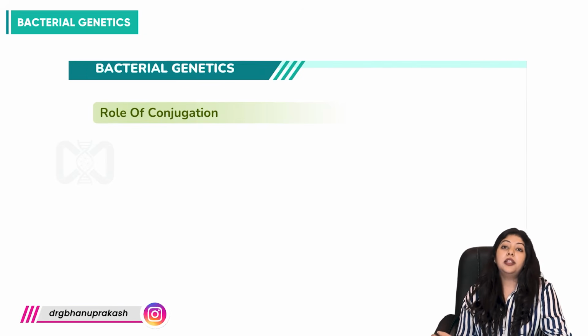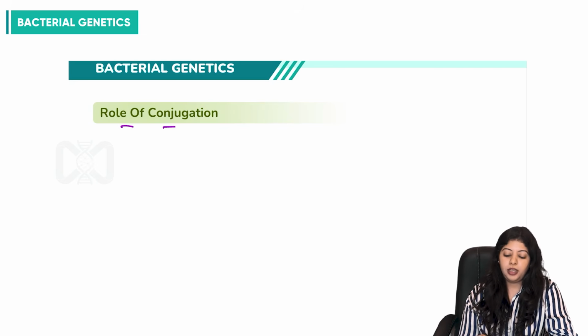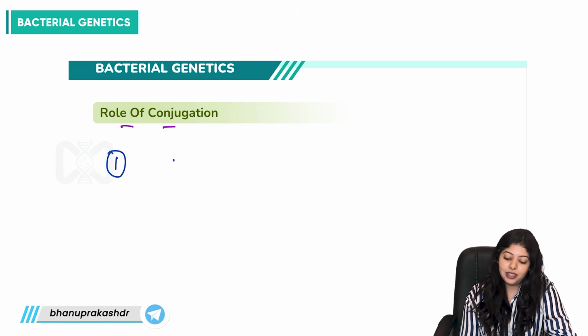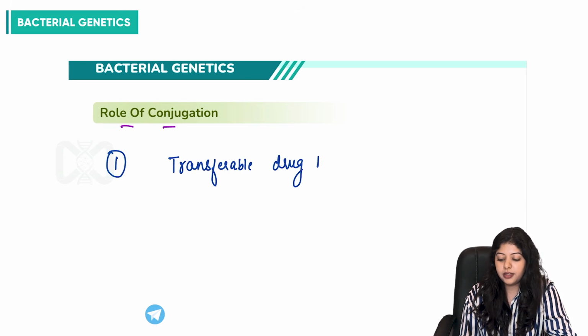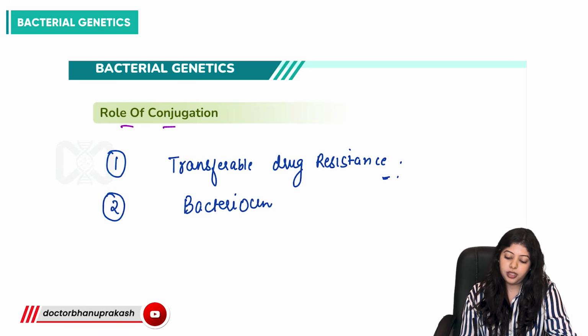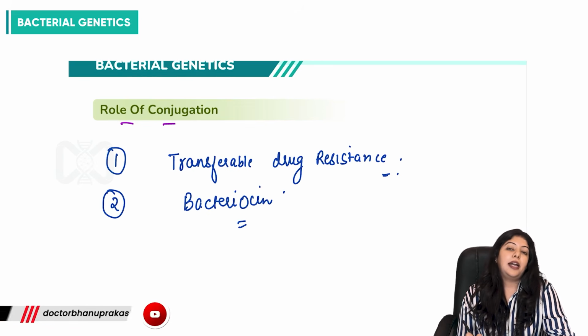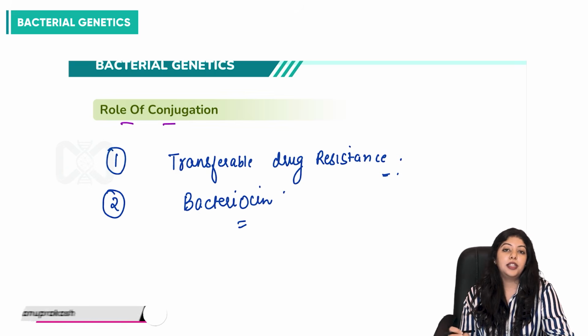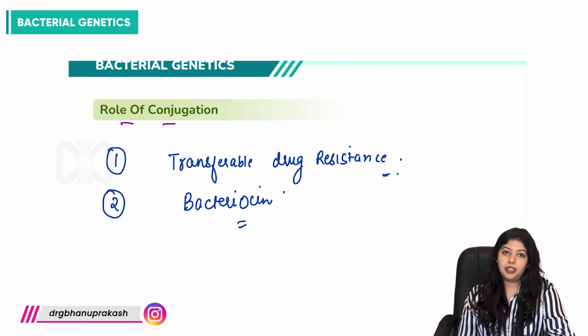So now talking about the role of conjugation, we all know the major indication of conjugation is the transfer of transferable drug resistance, and the bacteriocins, which are nothing but antibiotic-like substances produced by some bacteria which have the tendency to kill other forms of bacteria, right?